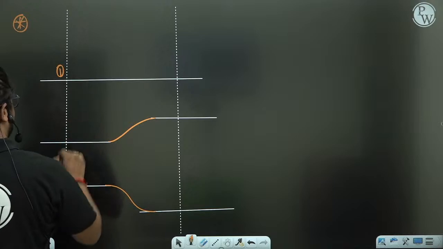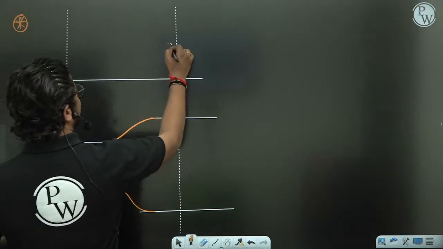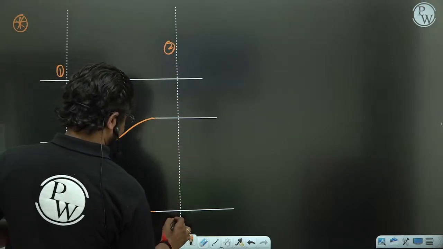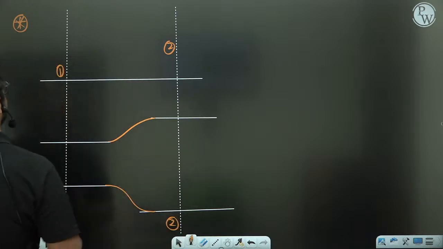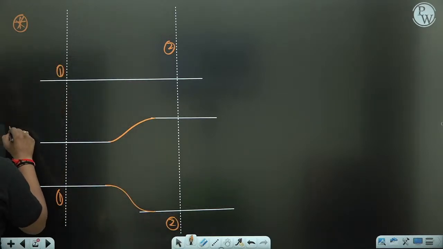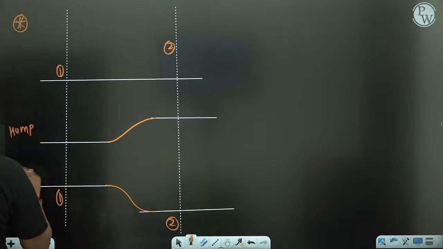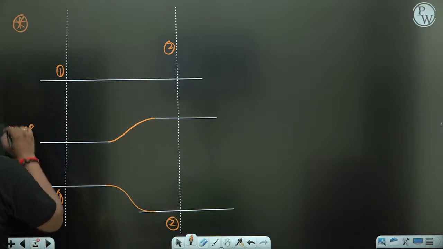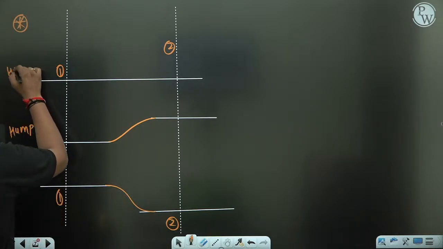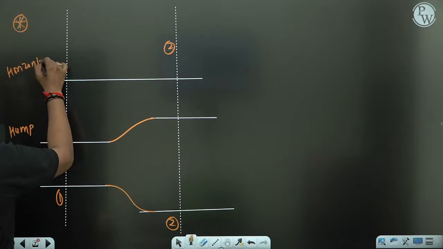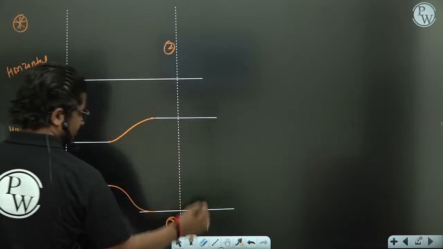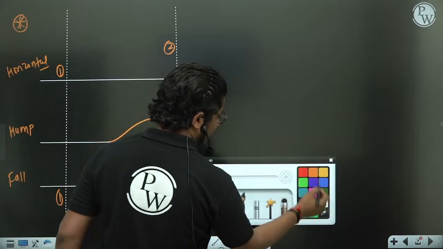This section is 1-1. This is 2-2. The hump case is a rise in channel bottom, the fall case is a fall in channel bottom, and horizontal means no change in channel bottom.